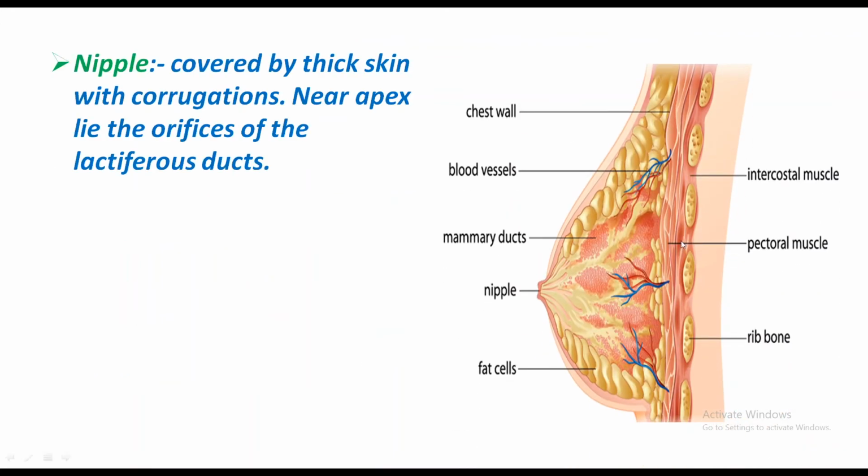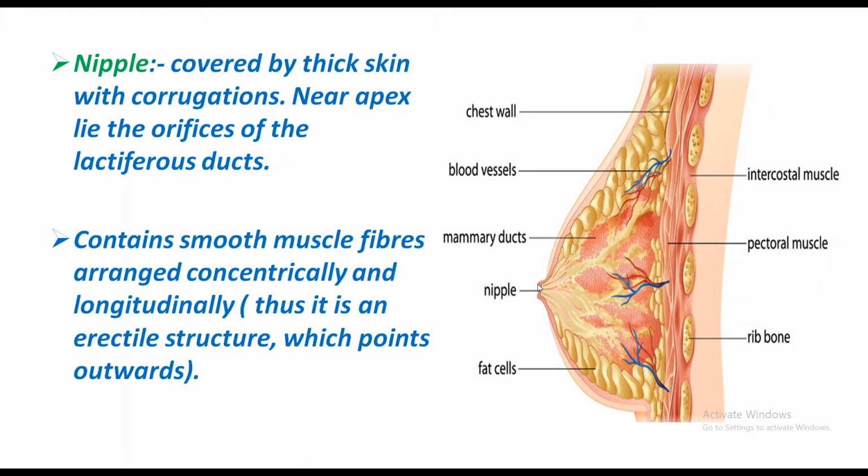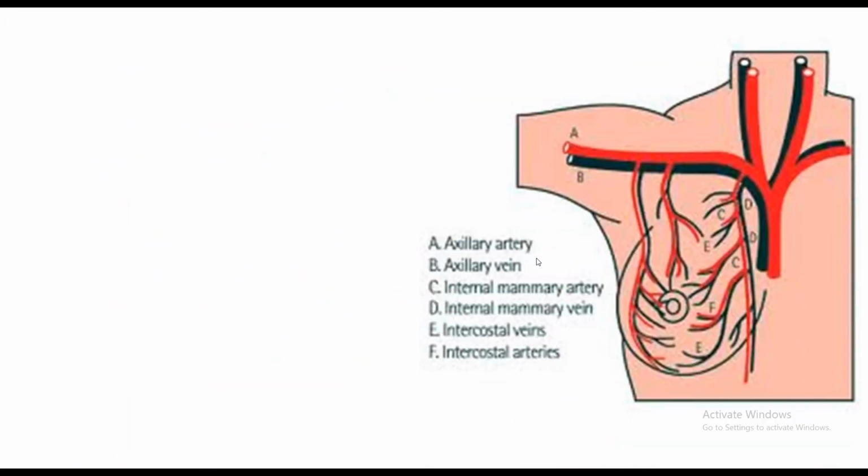Now again, the nipple is covered by thick skin with corrugations. Near the apex lie the orifices of the lactiferous ducts. You can see these are the lactiferous ducts, and here are the orifices of the lactiferous ducts. It contains smooth muscle fibers arranged concentrically and longitudinally. Thus, it is an erectile structure which points outwards. This is the reason for its erectile structure.